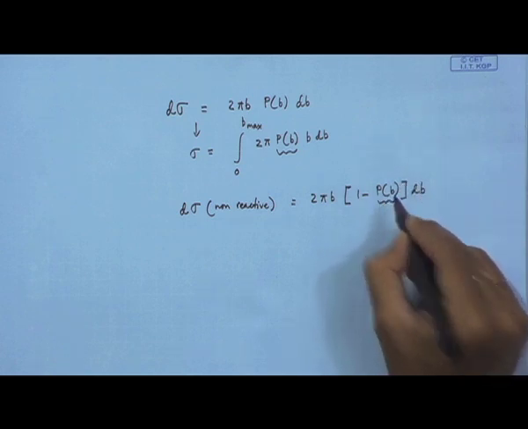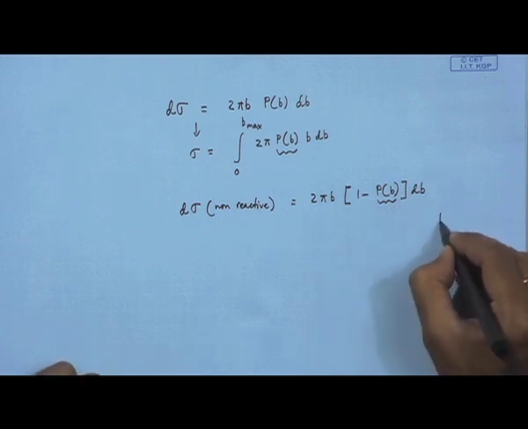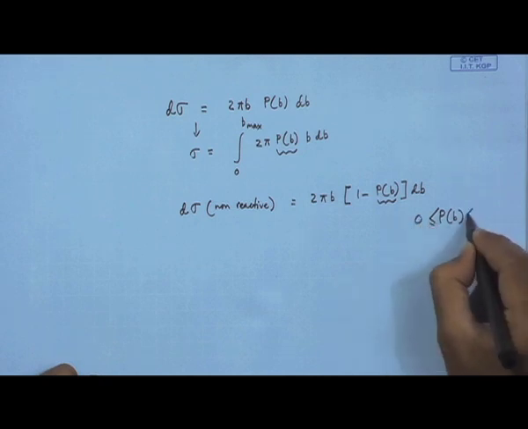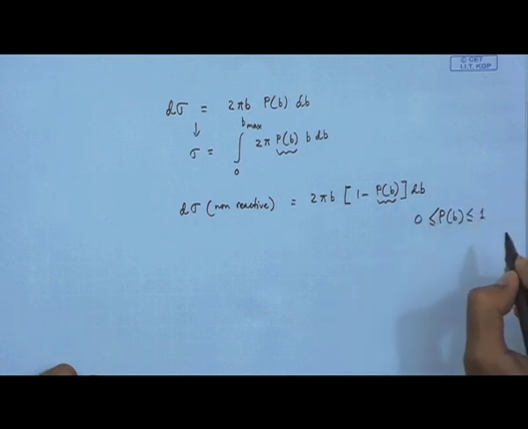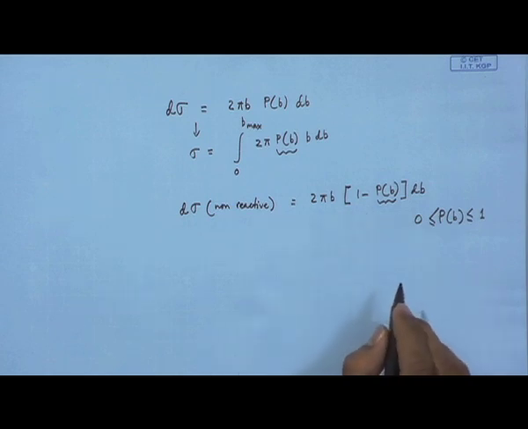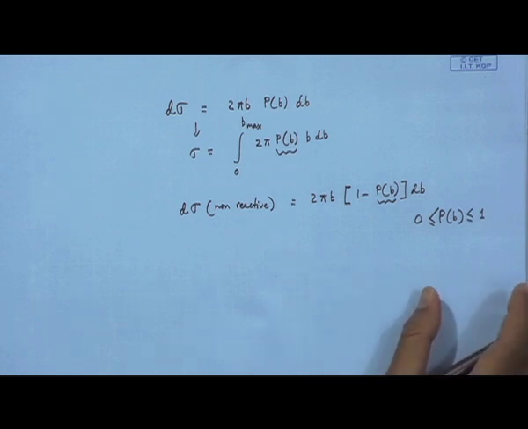So, P(b) is the effective one, and as I told you, P(b) will range like this. It is a measure of the probability of reaction to occur. So, this represents the probability that the reaction will not occur, that is, the collisions which are ineffective.